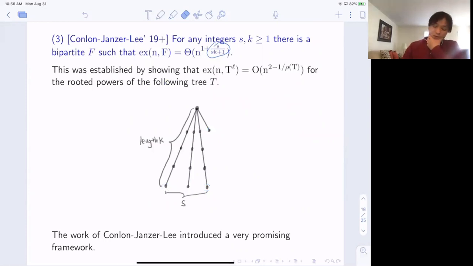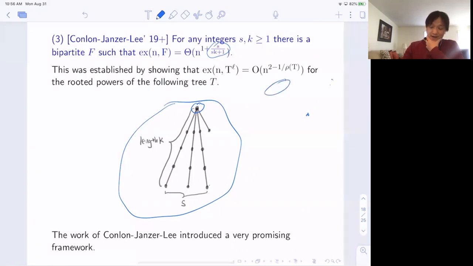Okay, so you have lots of copies of this. And the way you averaged is you average over the center, for instance, right? So when you average over the center, you get lots of copies.